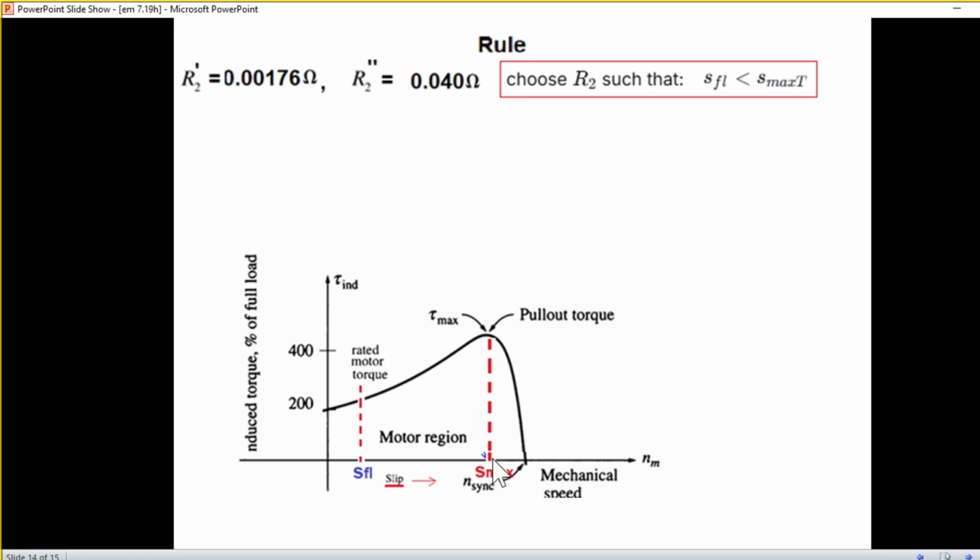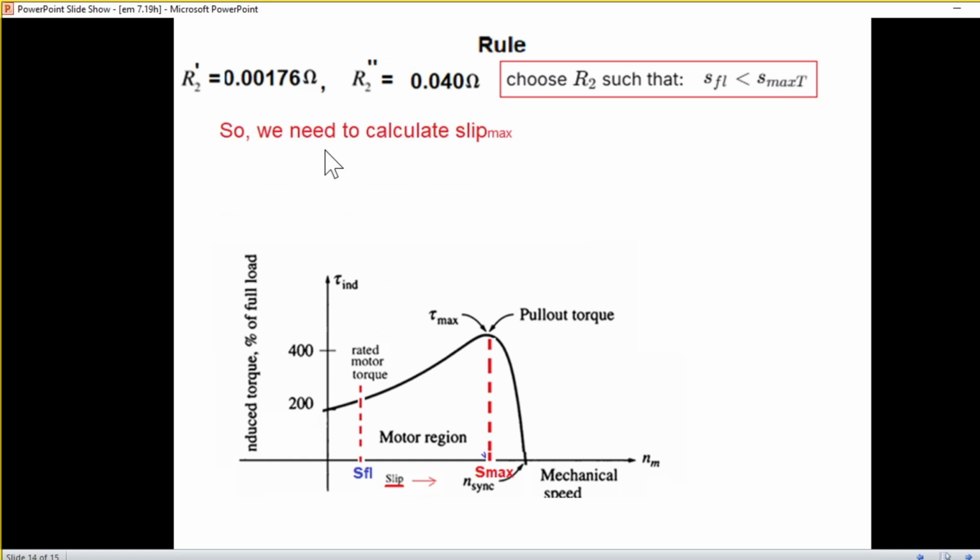And the slip at this point is called maximum slip. And the question has given a rated motor torque, and for that torque, the slip was given to be 1.2%. So this will be called the full load slip. So full load slip has to be less than the maximum slip or the maximum torque slip.